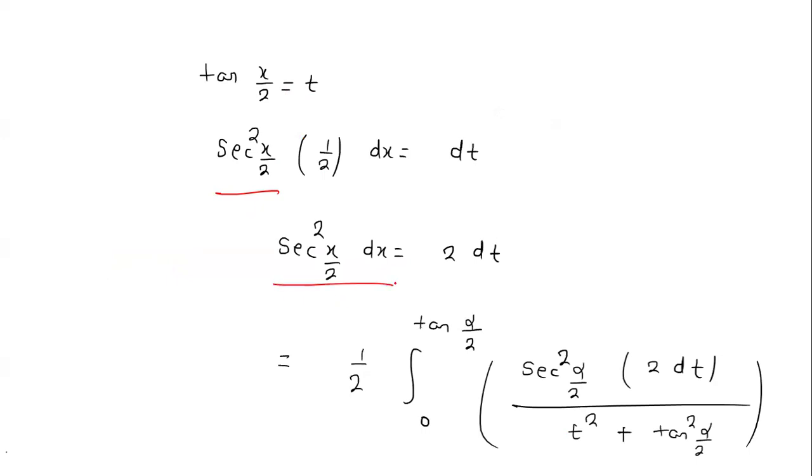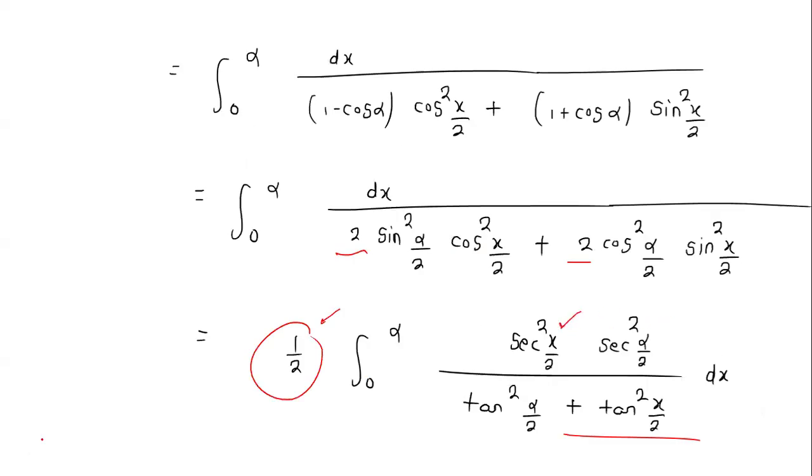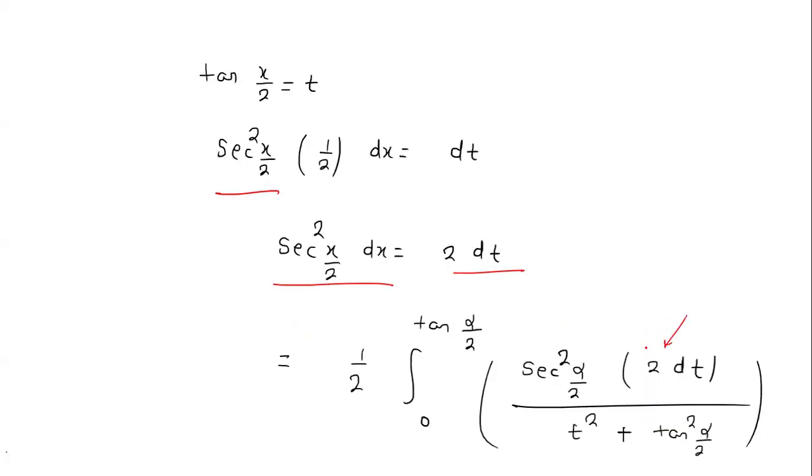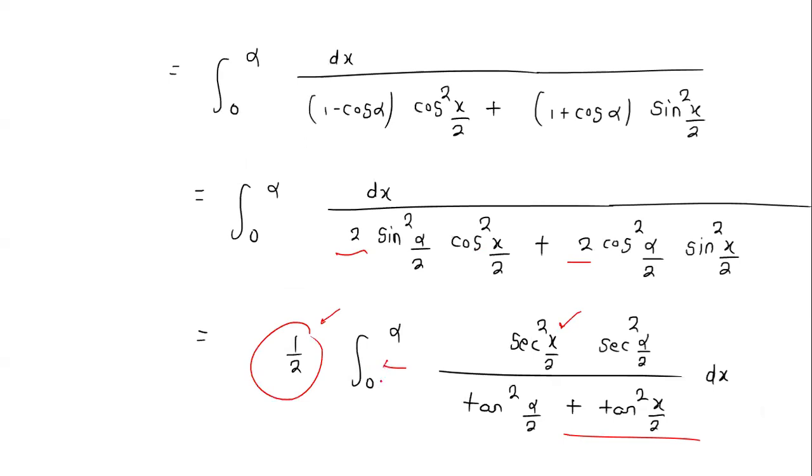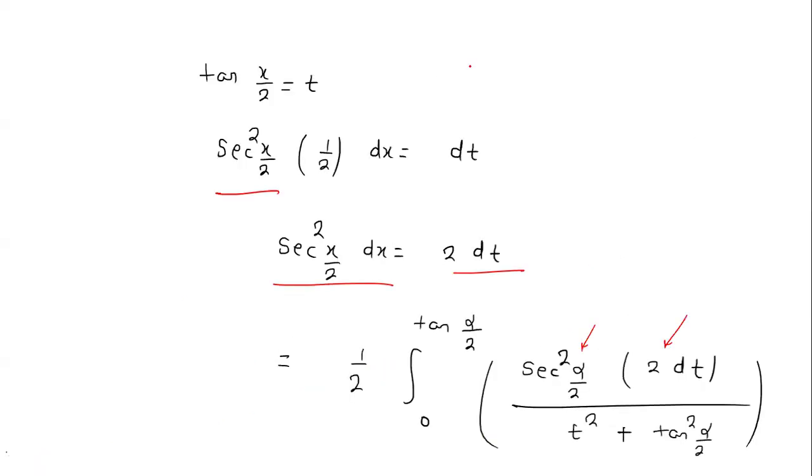From here you can write this as 2 dt, and you can replace this as 2 dt here. Here we have sec alpha by 2 whole square, and if you see the limits of the previous integral, it is from 0 to alpha. So if you put x as 0, then t will become 0, and if you put x as alpha, then t will become tan alpha by 2.